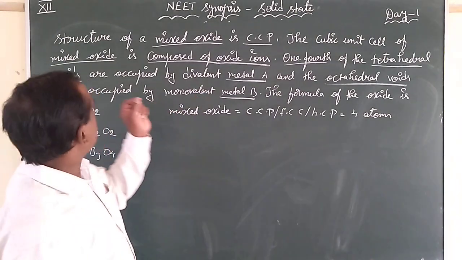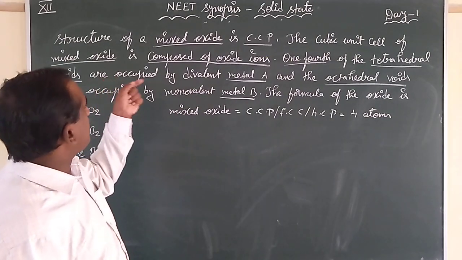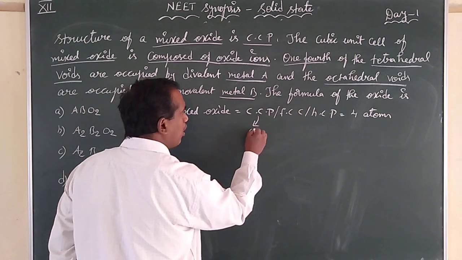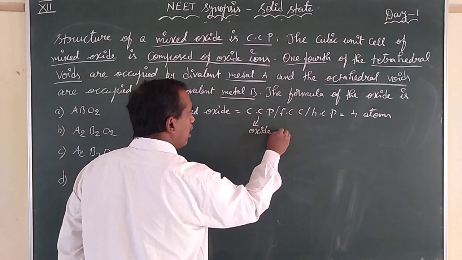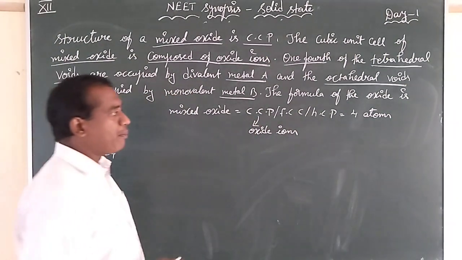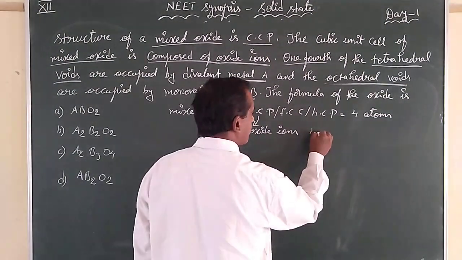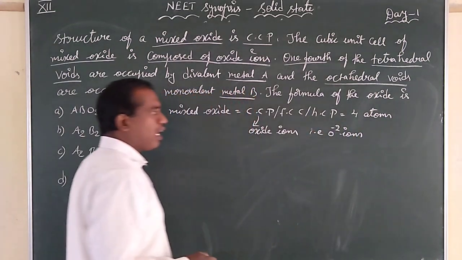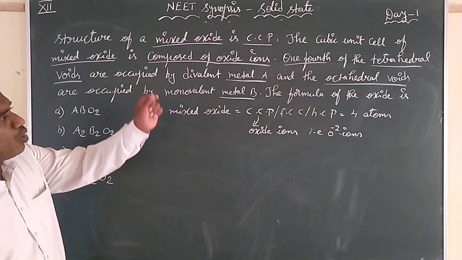The cubic unit cell of the mixed oxide is composed of oxide ions, which means this CCP is being occupied by the oxide ions, that is O2- ions.